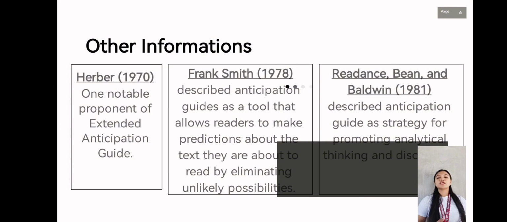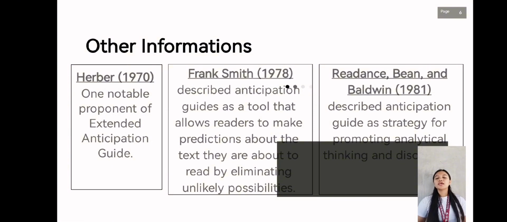Now let me add some information. One of the notable proponents of this guide is Herber, who was born in 1970, because the Extended Anticipation Guide is written on his reasoning guide. That means presenting arguments. Next is Frank Smith.